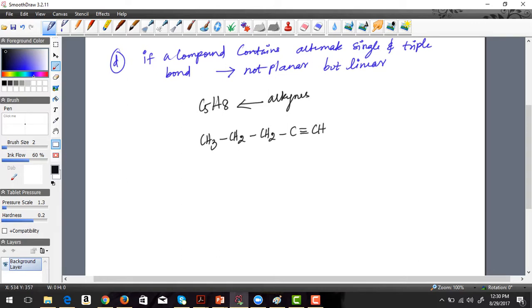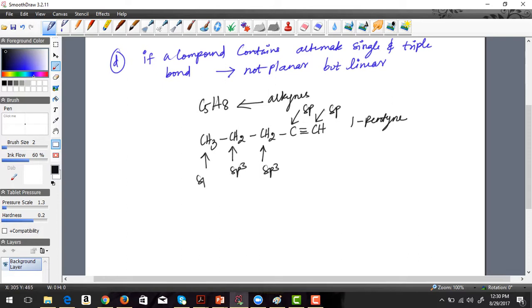And we called it 1-pentyne. But if you notice here, this carbon is sp because it's attached to a triple bond. This carbon is also sp, whereas these are all attached to single bonds, so they're sp3, sp3, sp3.